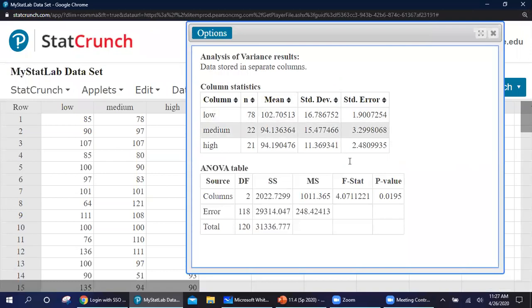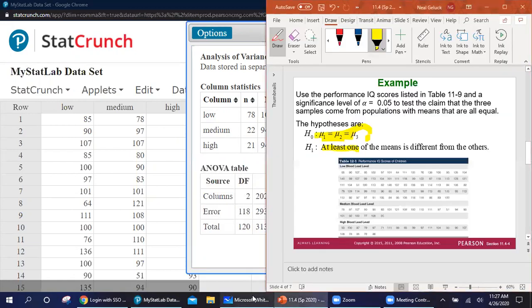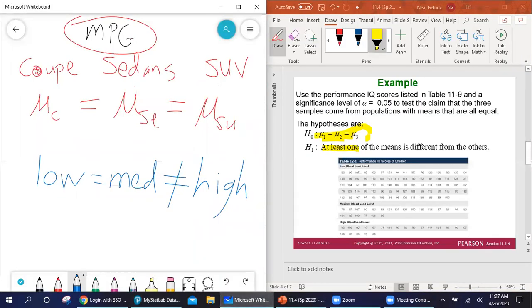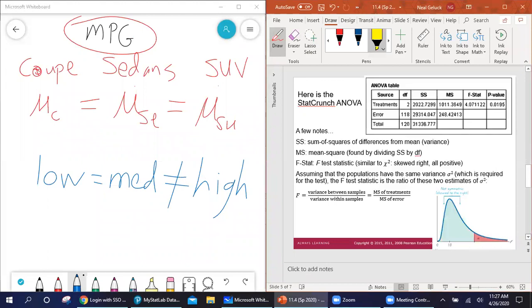So I'm given a whole bunch of data. This down here, the bottom half, is my ANOVA table. So again, on here, what we're looking at. So I've got my ANOVA table. A few notes here.